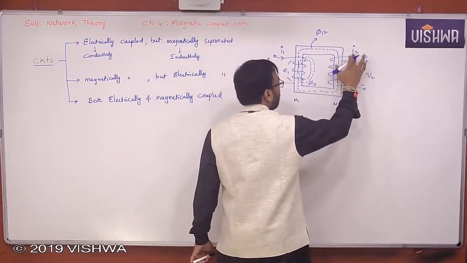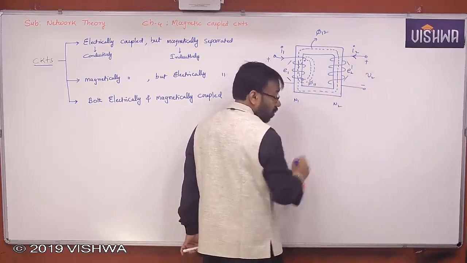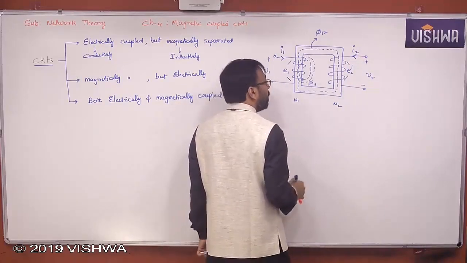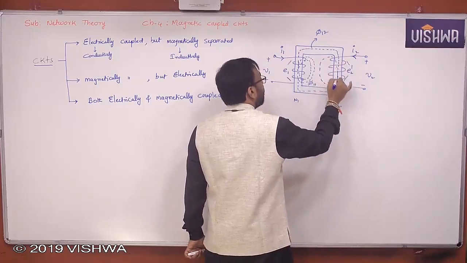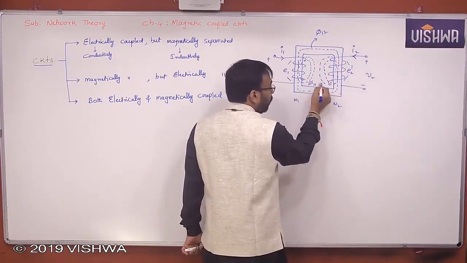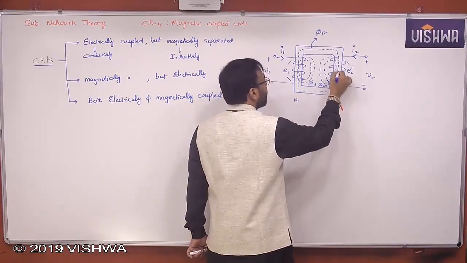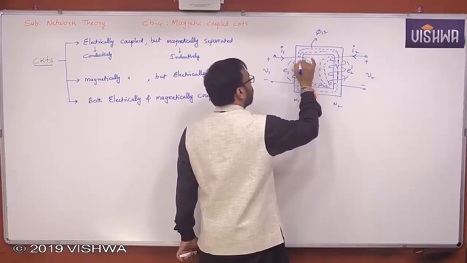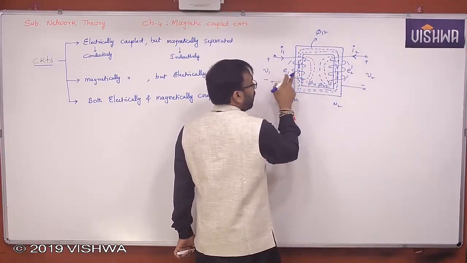And when you send the current, let us say, or energize the secondary winding, then obviously it will have its own flux which will link with only the secondary coil, call it phi 2, and also some flux is linking with the primary coil.